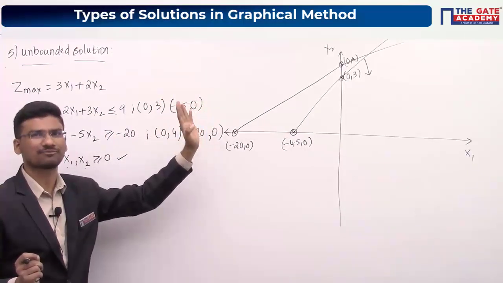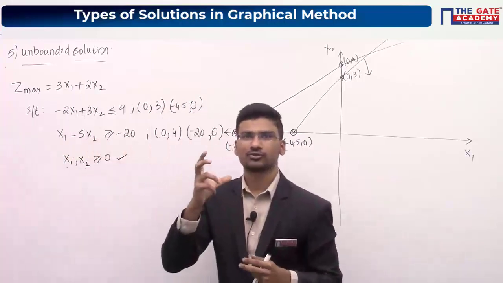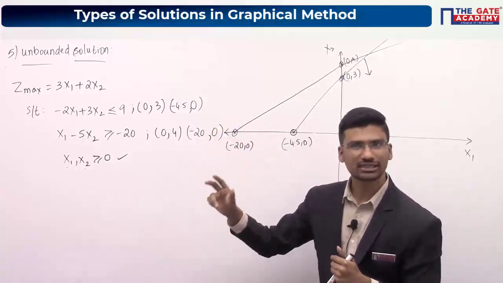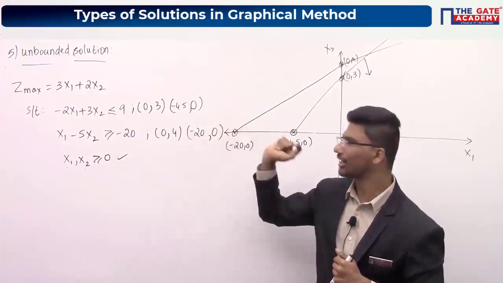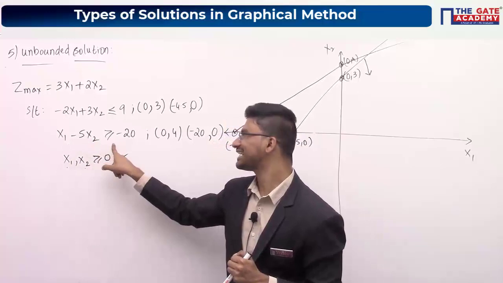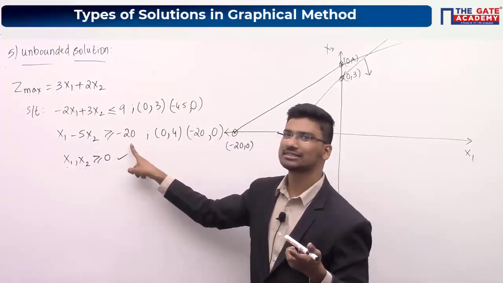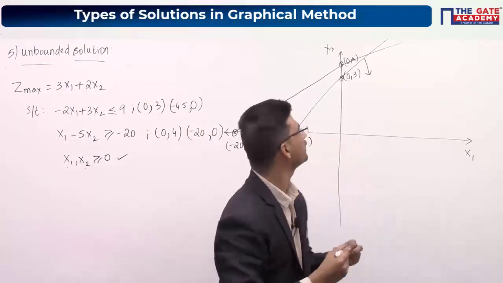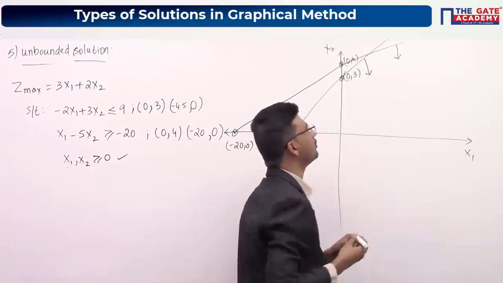Or else, here is one more rule: if the origin satisfies the constraint, then the region will be downwards; if the origin does not satisfy the constraint, the region will be upwards. Substitute the origin in this constraint: 0 is greater than or equal to minus 20, which is true. Since the origin satisfies this constraint, the region should be downwards, so for this constraint also the region will be downwards.